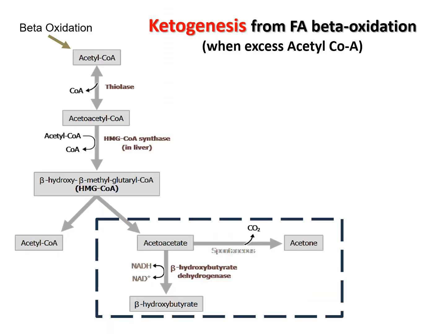And if you have excess acetyl-CoA, you have more than you need, what can happen is you generate ketone bodies. So here's beta oxidation. We just talked about it. Got acetyl-CoA in here. We're going to get rid of that CoA. We're going to link it into some stuff and turn it into things like cholesterol or some other things out here. I don't want to get crazy with this. This right here is the first molecule in cholesterol biosynthesis, just to make a long story short.